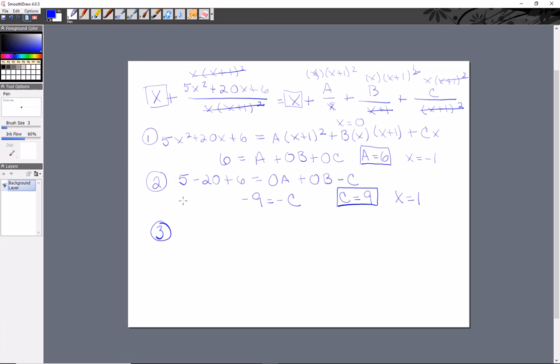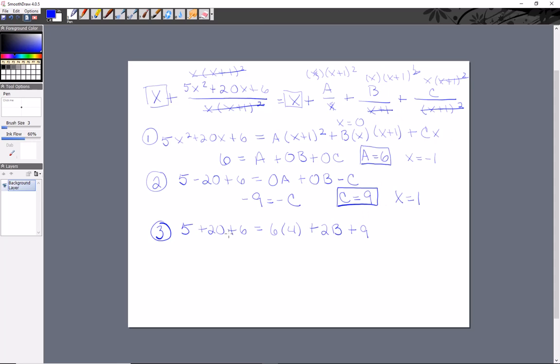Back up here, 5 times 1 squared is 5, plus 20 times 1, plus 6. We're going to plug in 6 for A, and x is 1. So 2 squared is 4 times 6, that'll be 6 times 4. And if we plug in a 1 here, that'll be a 2, so plus 2B. Then we can put a 9 in here and a 1, so 9 times 1 is 9.